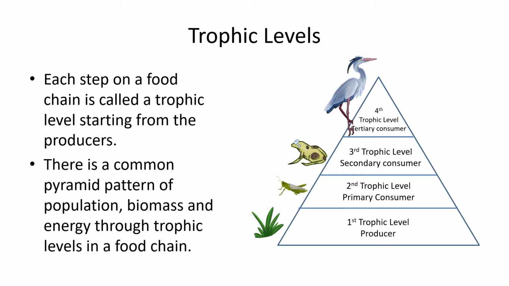Now, when you arrange your food chain and you look for patterns of quantity, such as the size of the population, the mass of the population, or the amount of energy that they have, you often get this decreasing pattern that kind of looks like a pyramid. And so if you start at the level of producers, we call that the first trophic level because that is the basis of the food chain, and that's where all the energy has to start.